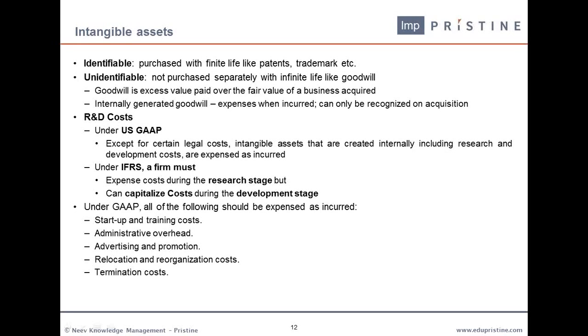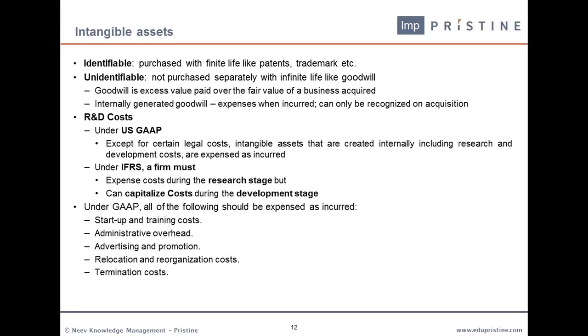So in case of intangible assets, there are two types of intangible assets, identifiable and unidentifiable. Identifiable assets are the ones which have a finite life, which are purchased with a finite life.